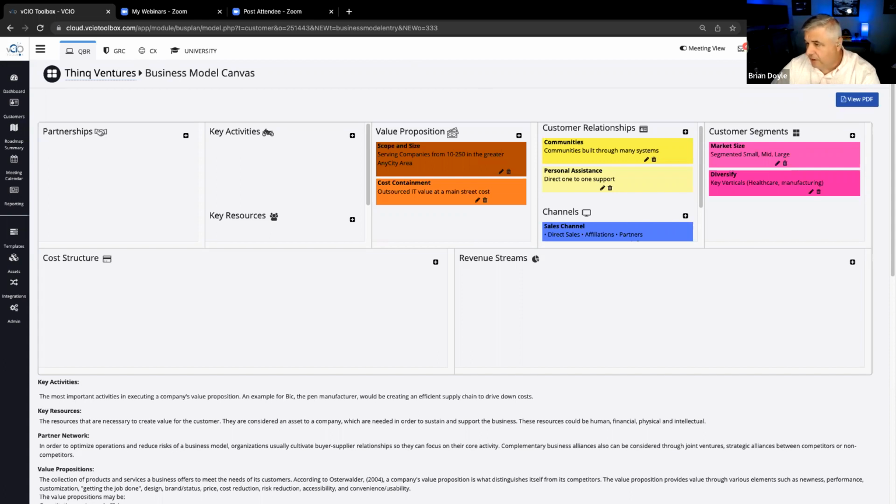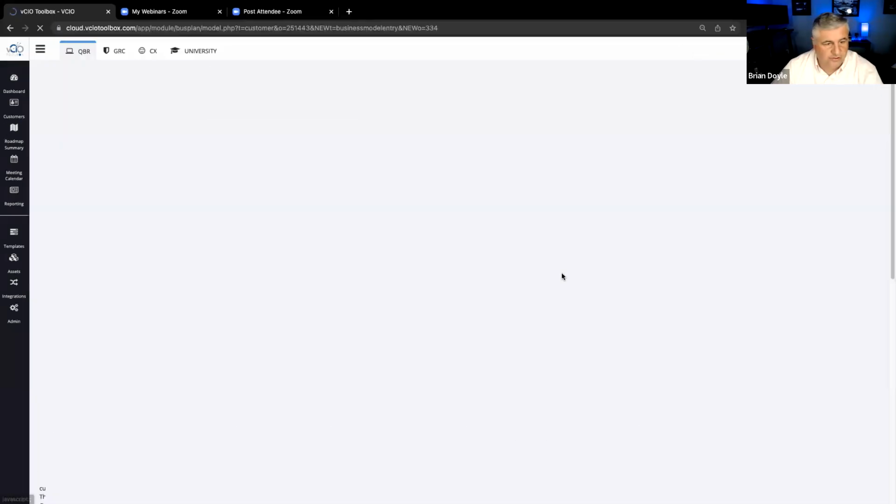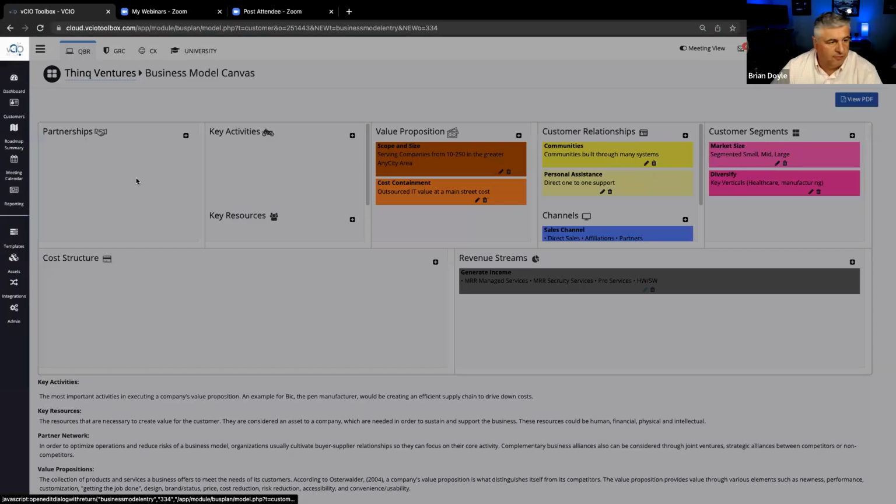And then the last thing I want to close off with is how an MSP derives revenue, to showcase how we can look at a company's revenue models. So when I come down here into revenue streams, most MSPs have some common revenue streams here. So if I call this generate income for the purposes of our discussion, I keep defaulting to this gray.